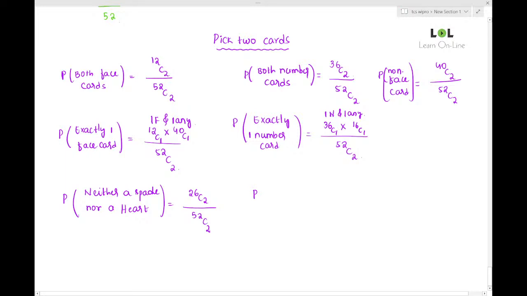Now careful. One last question in this. Probability of neither a heart nor an ace. Let us see. Who will give the right answer for this question? Neither a heart nor an ace.